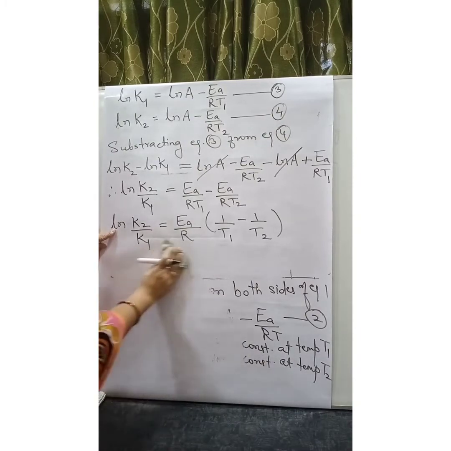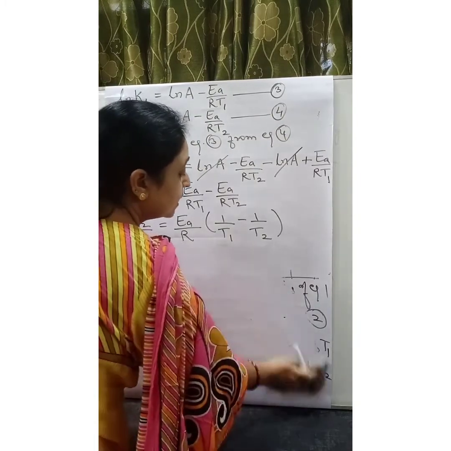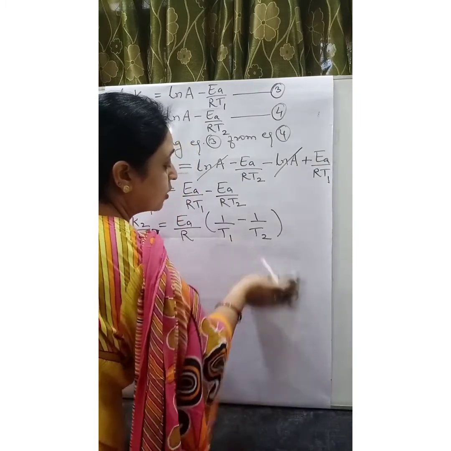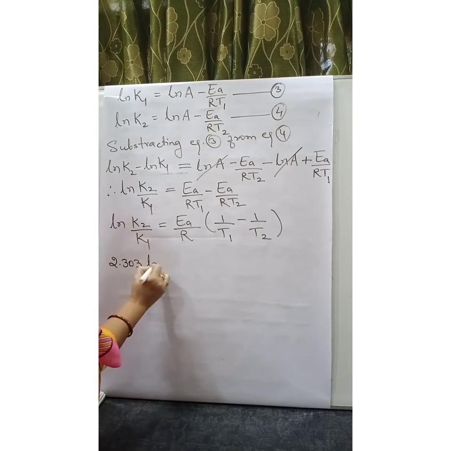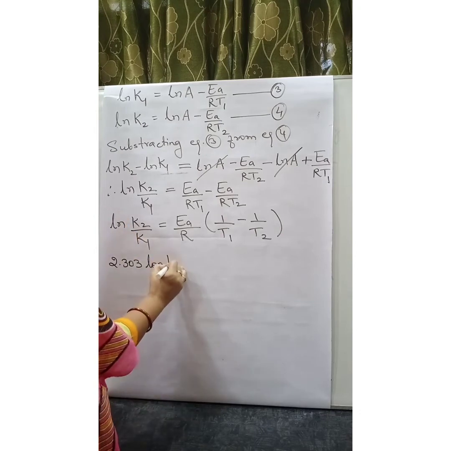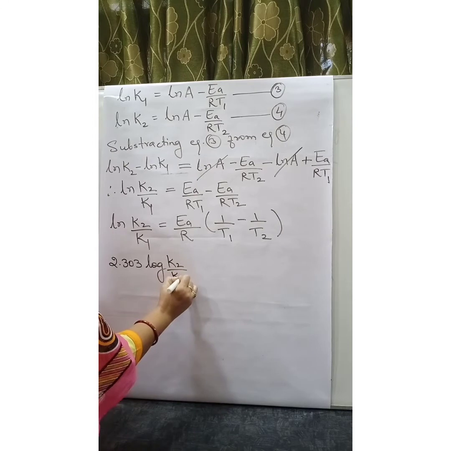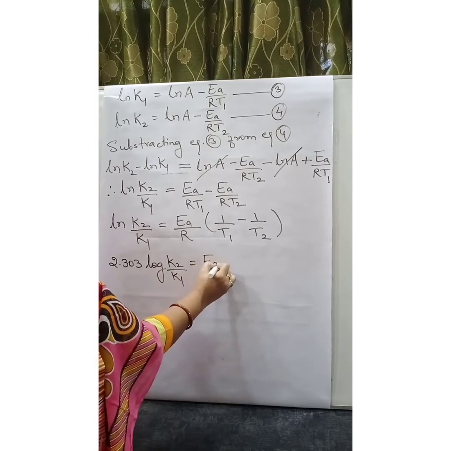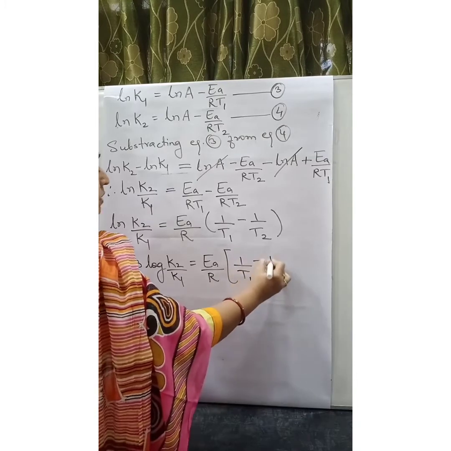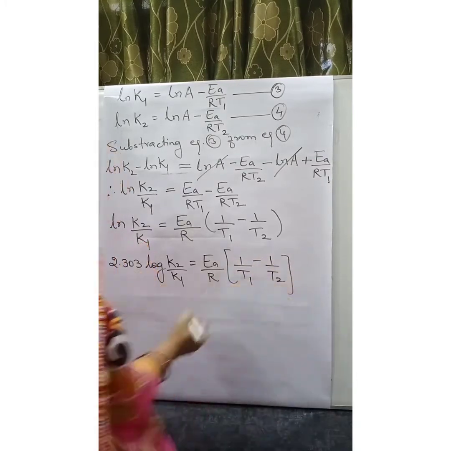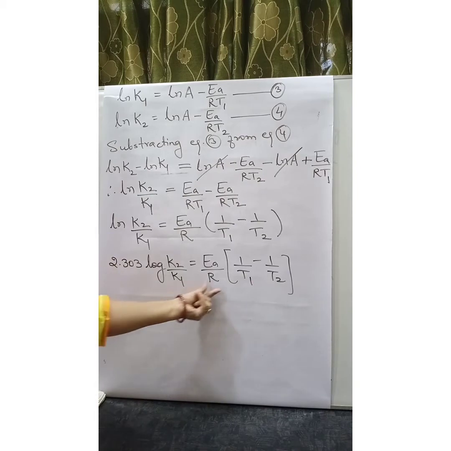Now, this is the natural log. Let us convert this natural log into log base 10. How will we convert this? Multiplying by 2.303. Now this natural log gets converted into log.